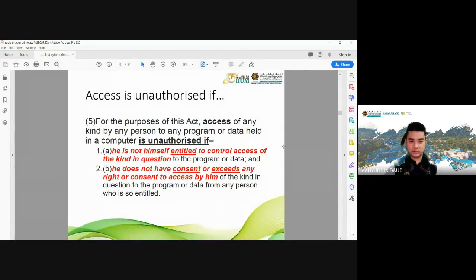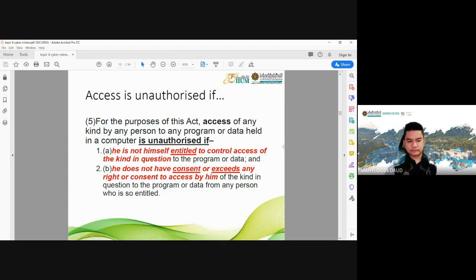Access is unauthorized if, under section 2 clause 5, access of any kind by any person to any program or data held in a computer is unauthorized if A, he is not himself entitled to control the access of the kind in question to the program or data. He himself is not entitled to control access.